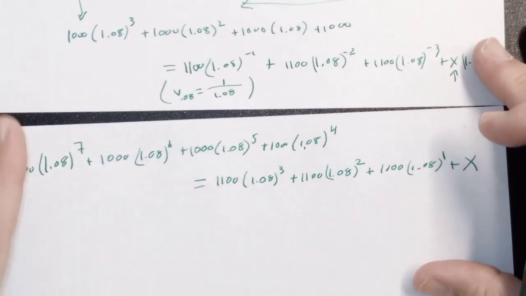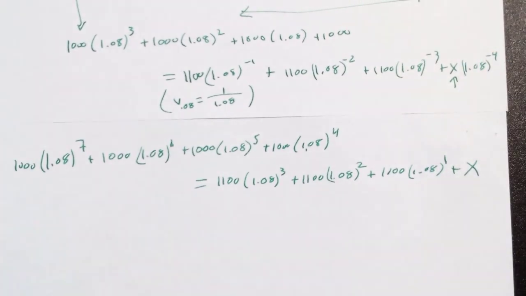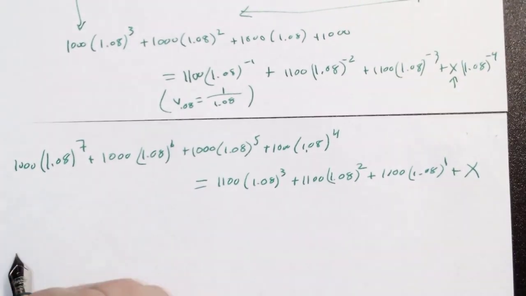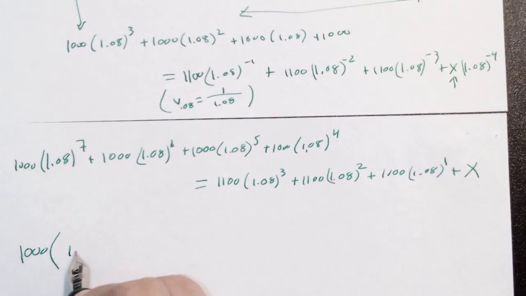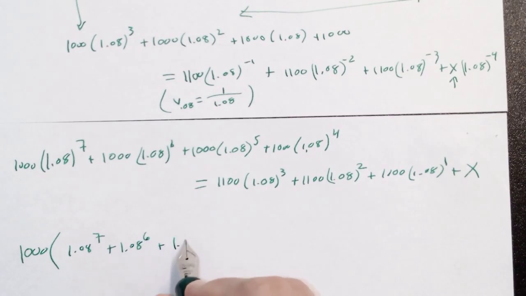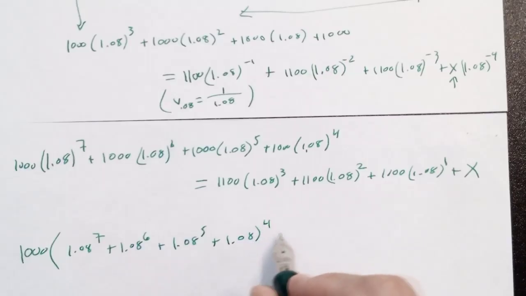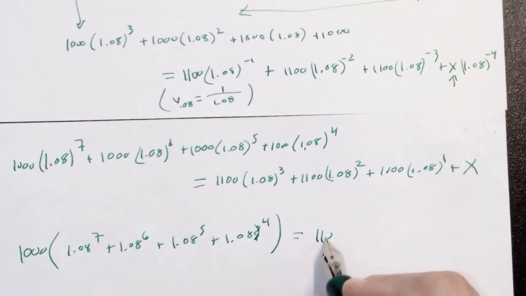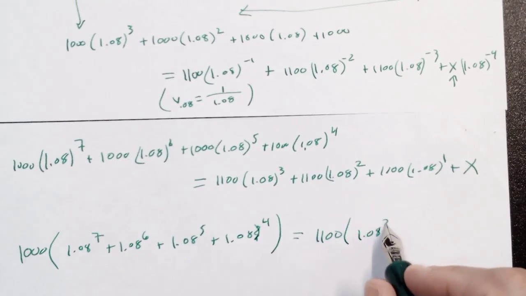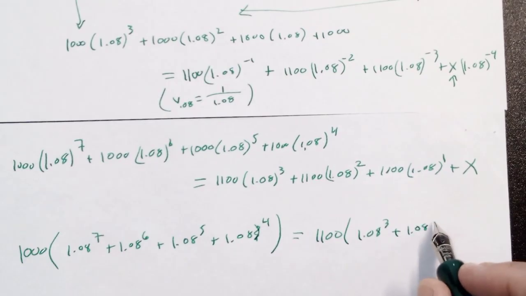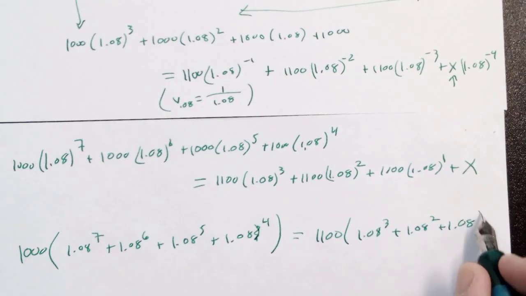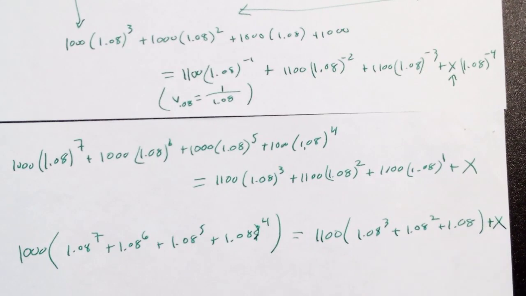Go ahead. Could we factor out the 1000, just for regular? 1000 times (1.08 to the seventh, plus 1.08 to the sixth, plus 1.08 to the fifth, plus 1.08 to the fourth) equals, I'll do it on this side too, 1100 times (1.08 to the third, plus 1.08 to the second, plus 1.08), plus x. Now all I have to do is figure out what those two numbers are and subtract.